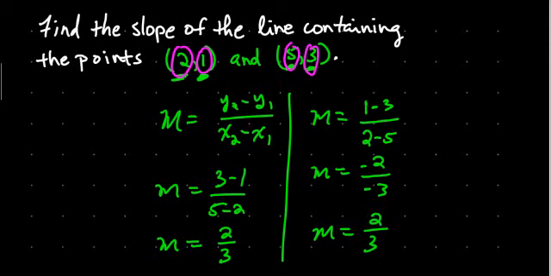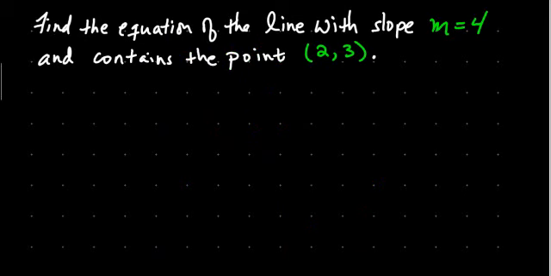Okay? Let's go to another one here. Find the equation of the line with slope m equals 4 and contains the point (2, 3). So we have our point-slope form, which is y minus y1. Let me do this in a nice color, make it stand out.